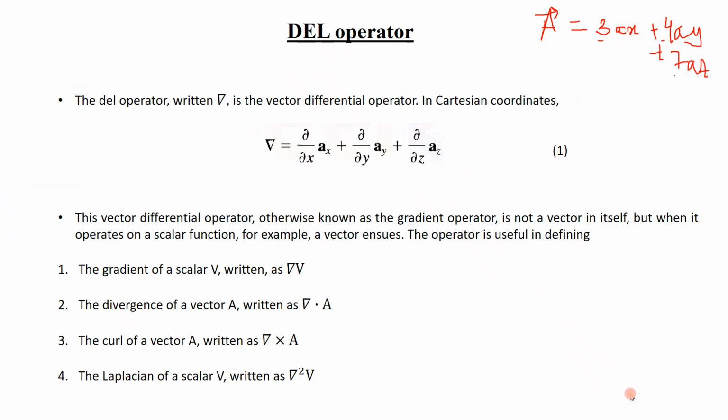Based on the coordinate system it lies in, the del operator is also represented in that particular coordinate system. If you are dealing with a vector in Cartesian coordinates, you represent the del operator in Cartesian coordinates. If the vector is spherical or cylindrical, the del operator will also be spherical or cylindrical respectively.